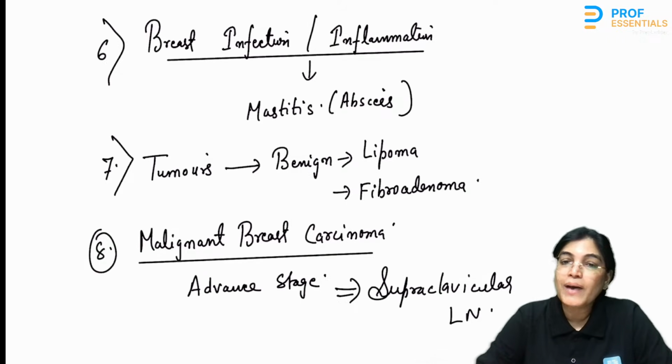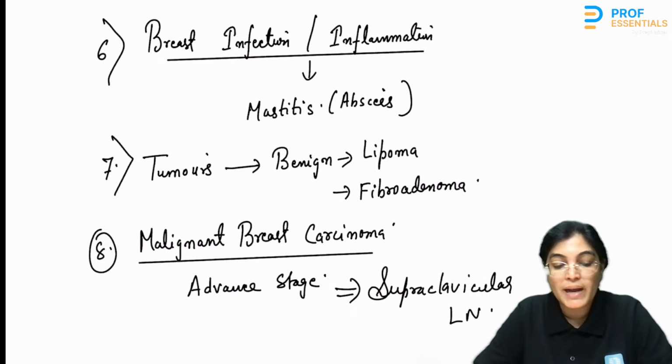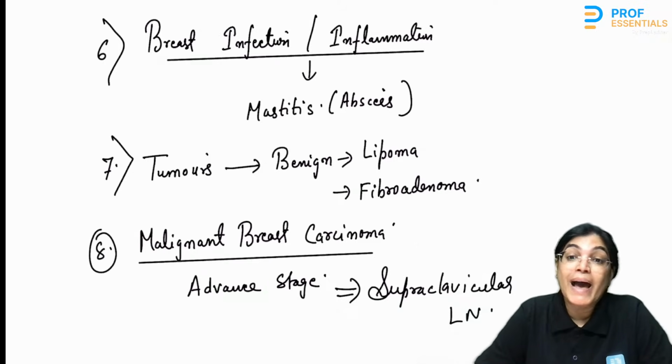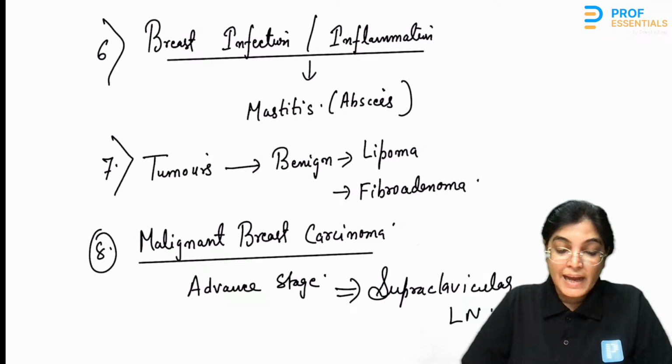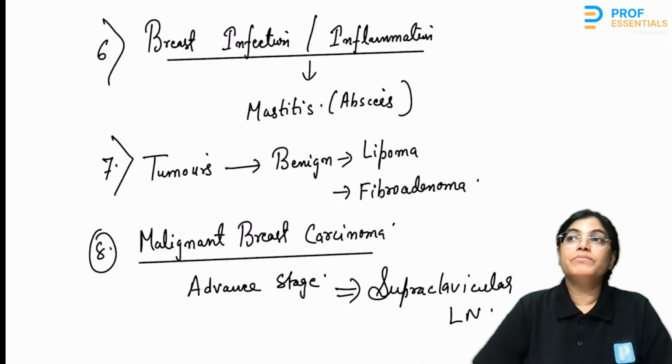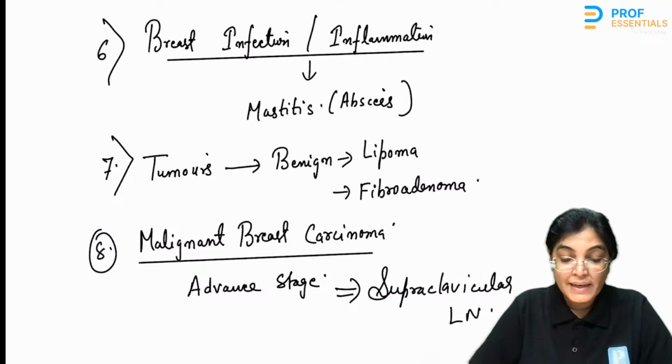Let me summarize the presentation of malignant carcinoma of the breast: a hard lump with retracted nipple, pseudo-orange appearance, that is orange peel appearance, and advanced ulceration and fixation to the chest wall.